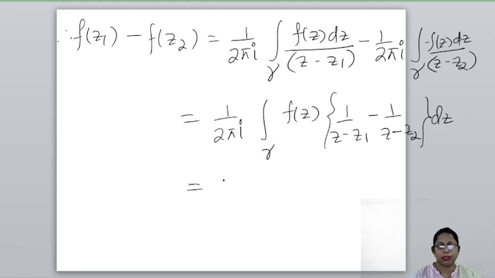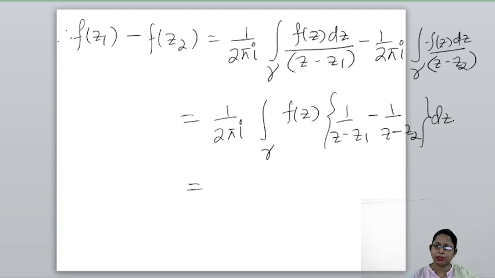If you simplify this, you will get (z - z2) - (z - z1), that is -z + z1 in the numerator, and the denominator is (z - z1)(z - z2). The z terms cancel out, and I am left with z1 - z2.